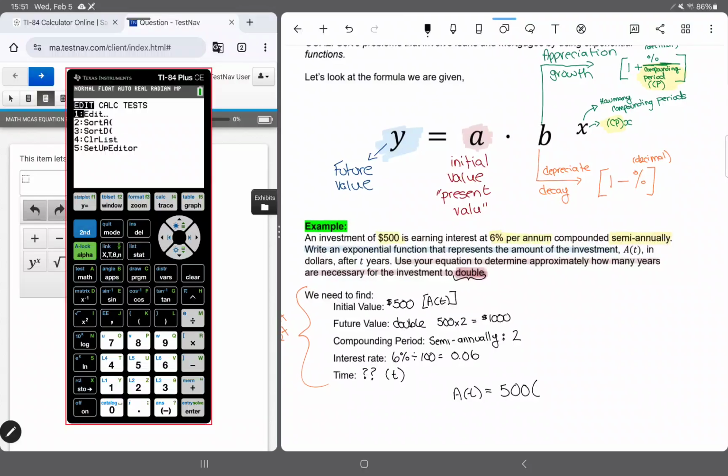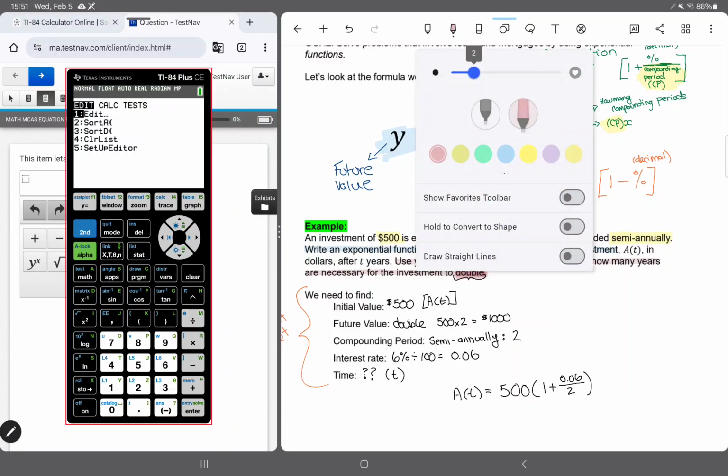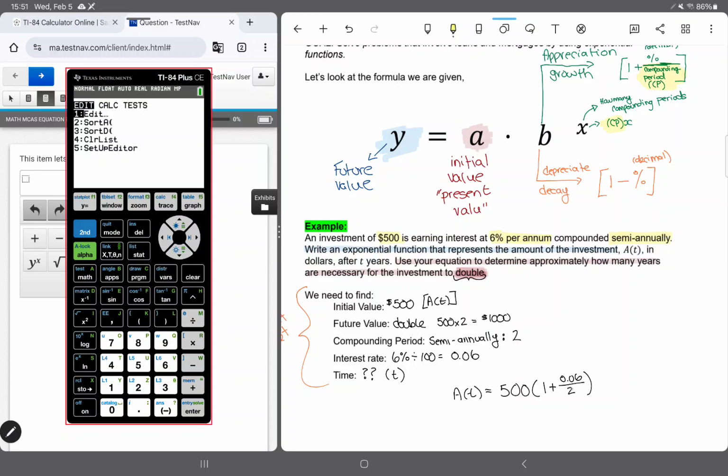So I have to go 1 plus my interest rate divided by my compounding period. And remember, whatever I divide by down here, I have to multiply by up here. So this is going to be 2 times my time, which is t.